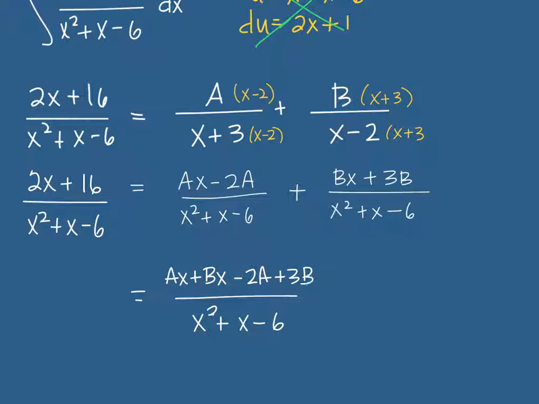So I group the x's together. When you put something in the right order, all the x's have to come first. And then on the other side, I still have the numerator of 2x plus 16 and x squared plus x minus 6.